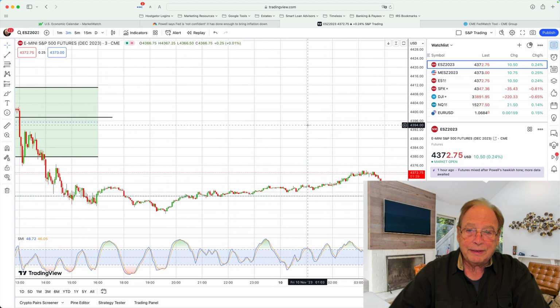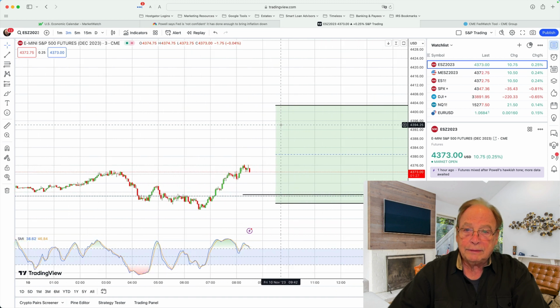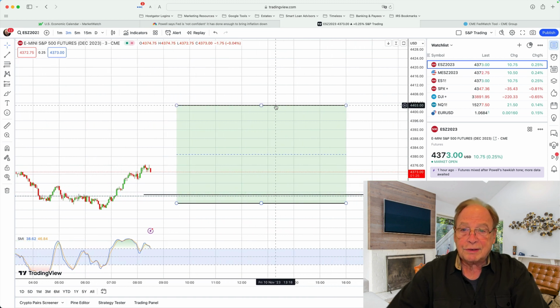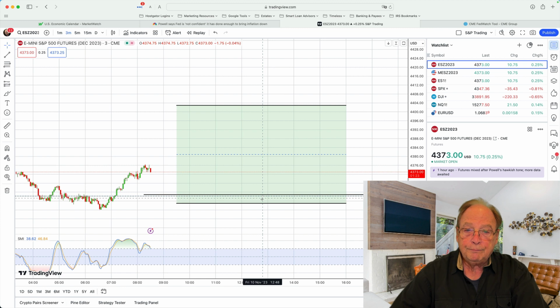Nevertheless, today the calculations show that the resistance is at 44.03 and support down at 43.59. It's about an hour before the market is set to open, and the market is trading a bit over the equilibrium. Equilibrium is always the close of the day.